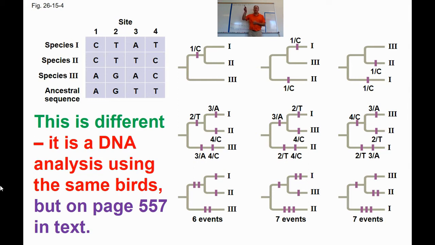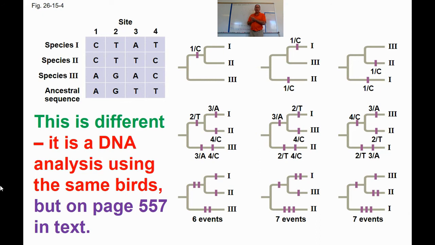be to look at species 1 at 4 sites on the genome, going from left to right, and you say, who is most closely related to who with respect to these sites on the genome? And species 1 and 2 look to have 2 differences as you go from left to right here, sites 1 through 4.